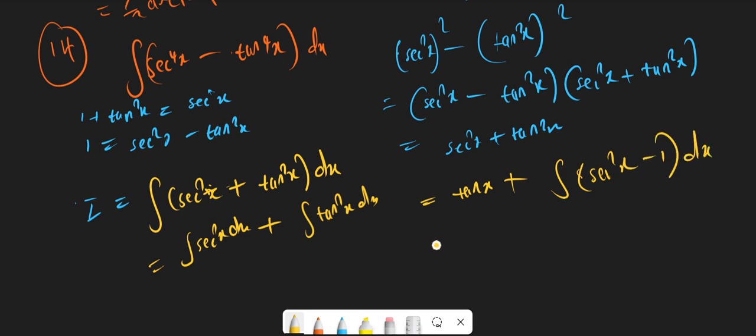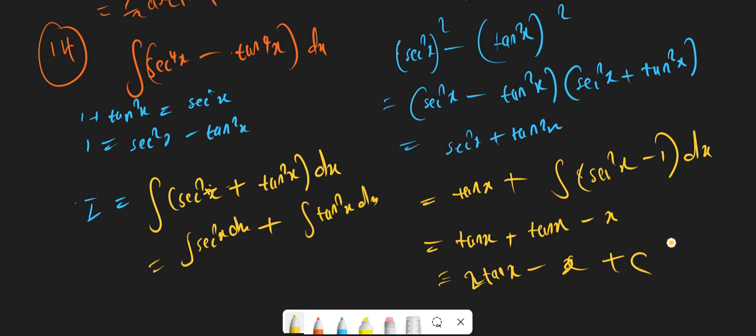So this is tan of x plus tan of x minus x, which is 2 tan x minus x, plus c. So that is that for problem 14.